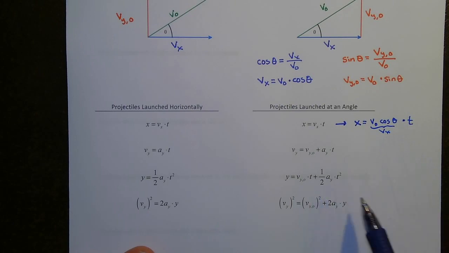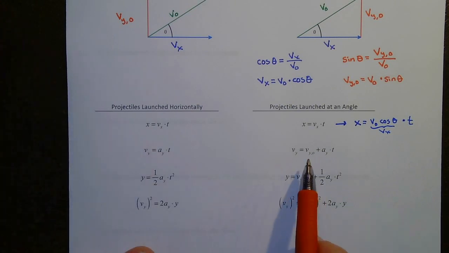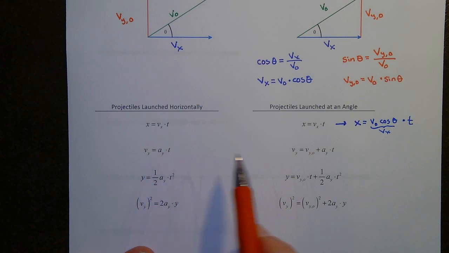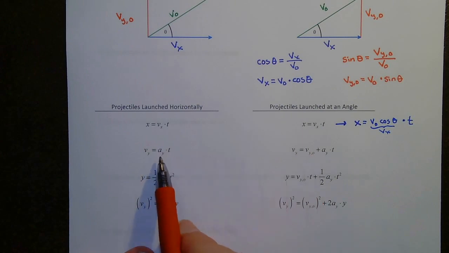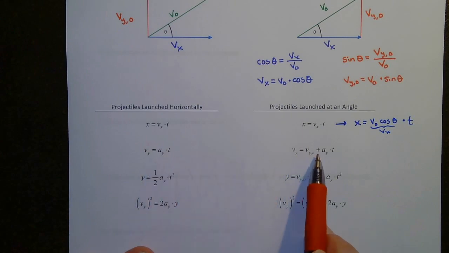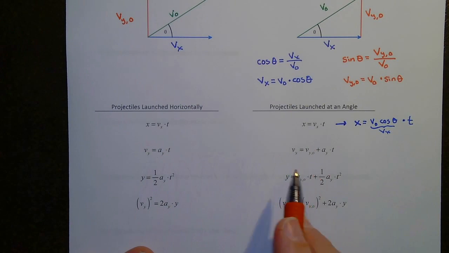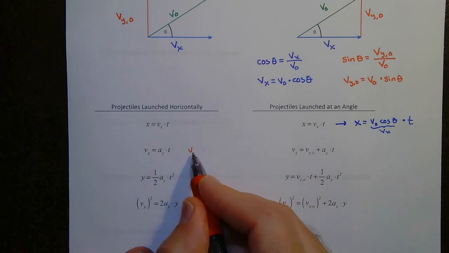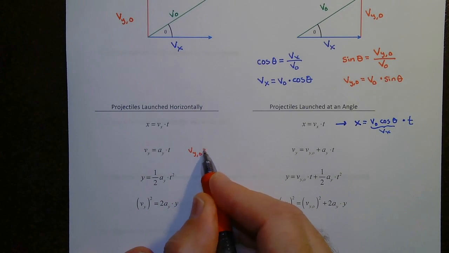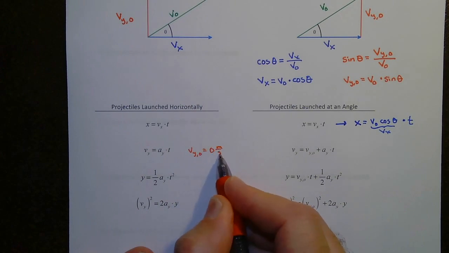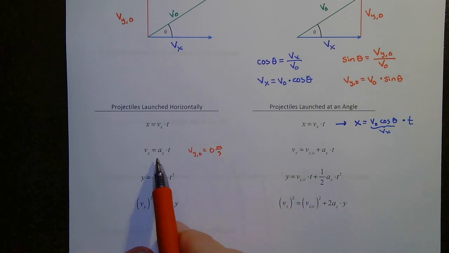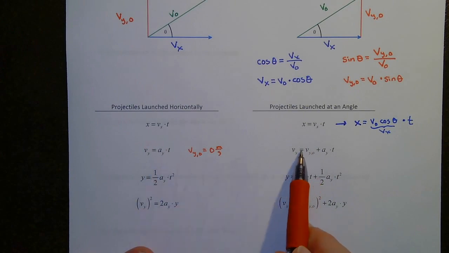Okay, so I can do that with all of these, and they become equations that involve trig functions. So this one comes from this because when it's launched horizontally, the original velocity, for this one, V sub y comma 0 was equal to 0 meters per second. So that's why this one is missing this little piece right here, because that was 0.